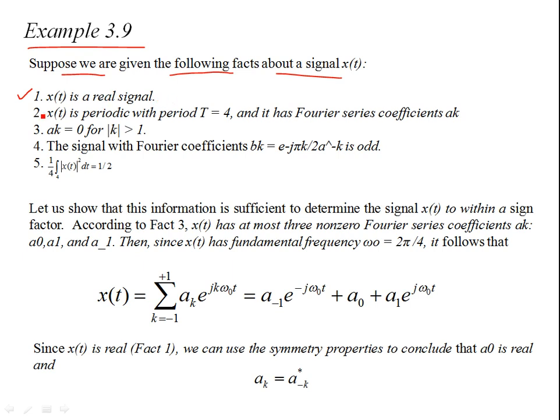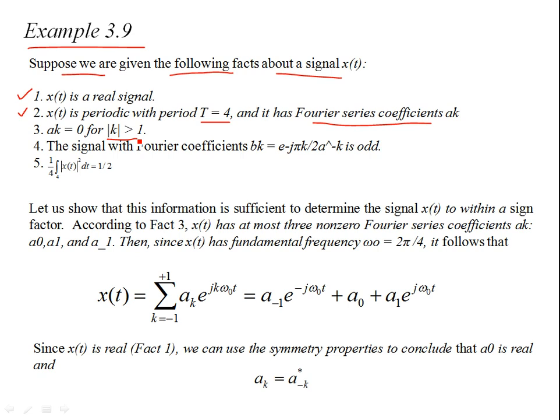Then fact 2 says that xt is periodic with period T equal to 4. That means it should be representable in terms of a Fourier series, with Fourier series coefficients ak. So we are given the period, and we know that xt is real. Then the third fact says that ak is 0 for mod k greater than 1.